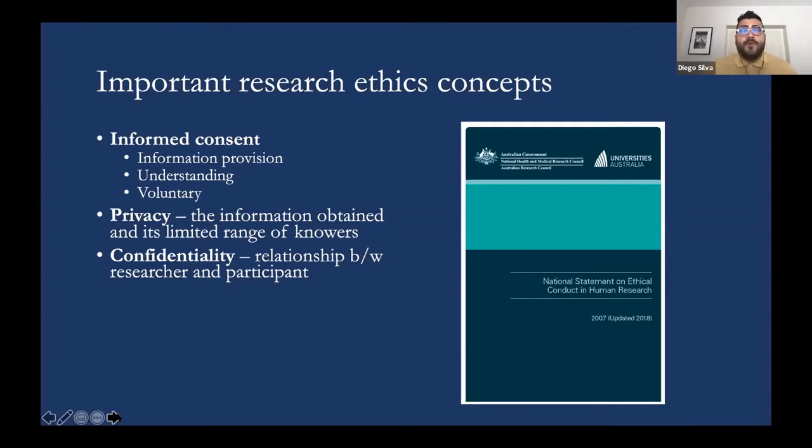So one is informed consent. When we think about informed consent, there's usually three parts to it. There's the information provision component, right? So you as a researcher are letting the individual who is a participant know the ins and outs of the project, including potential risks of harm. There's the understanding component that's very important as well, right?